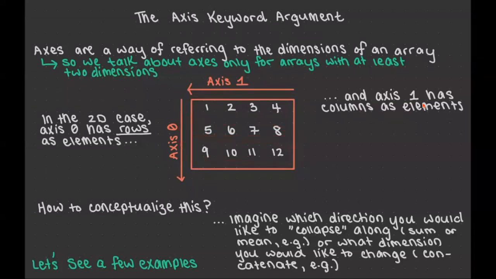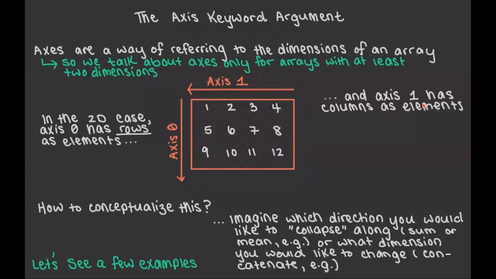I like to imagine that we're collapsing the array in this direction. We're summing up the first row to make one number, then the middle row, then the last row. Because we're collapsing in this horizontal direction, we use axis 1.